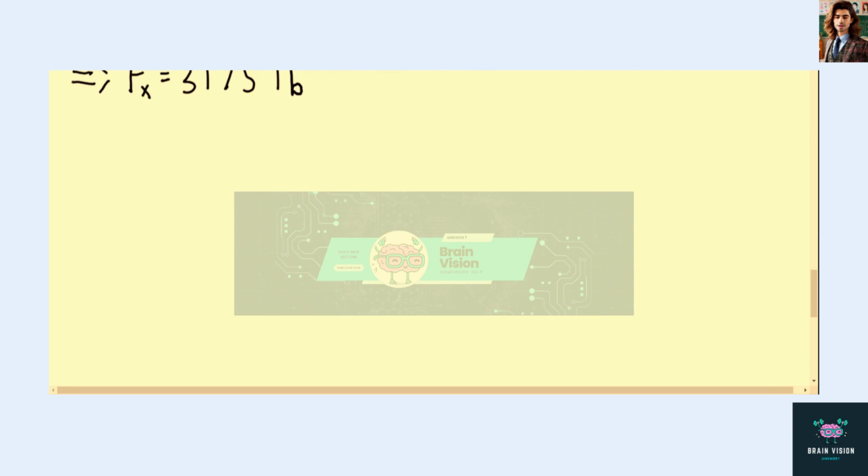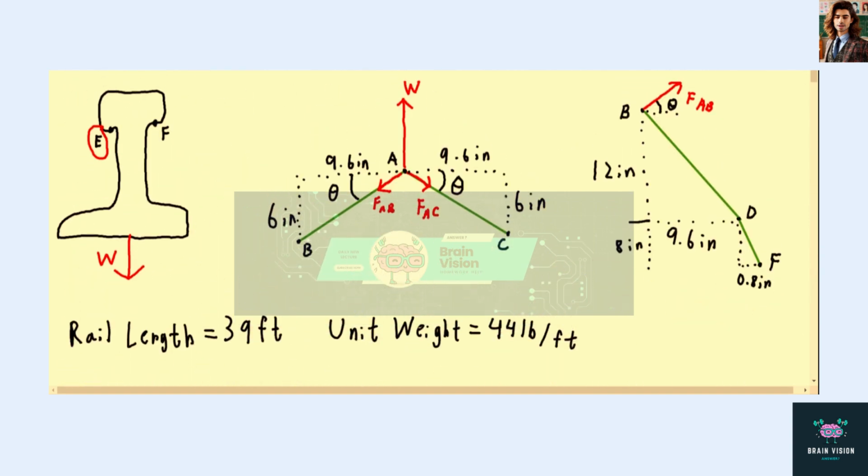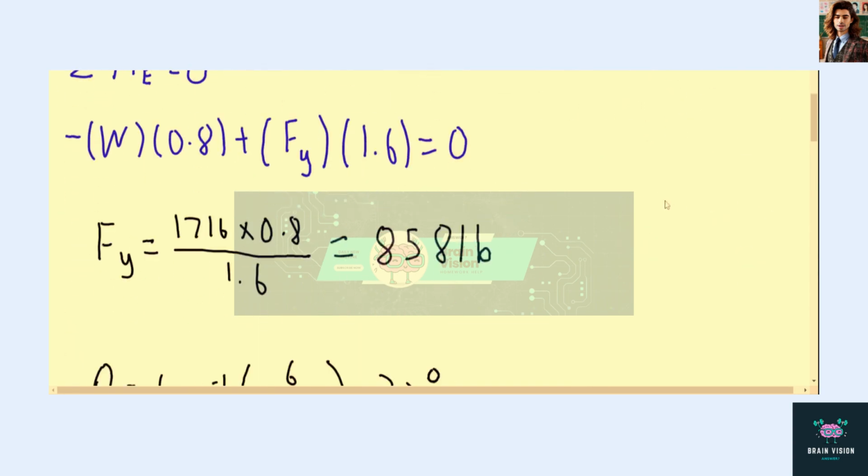So next we'll take the sum of forces in the x direction and set it equal to 0, still using this free body diagram of the tong.